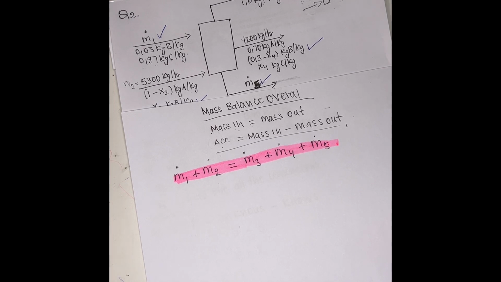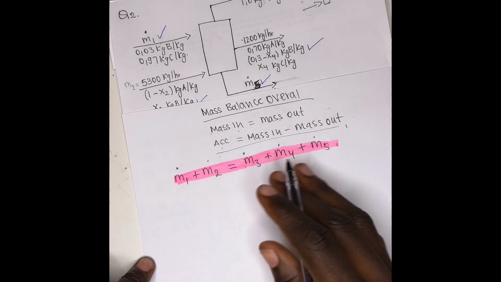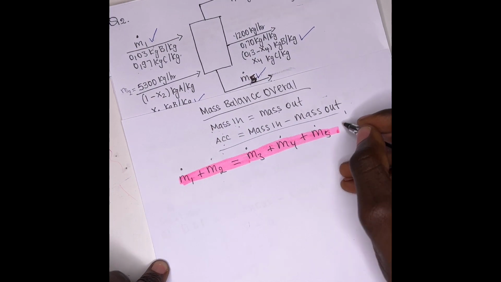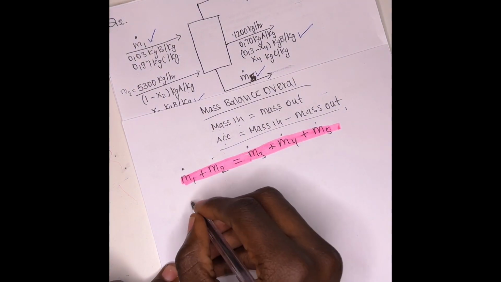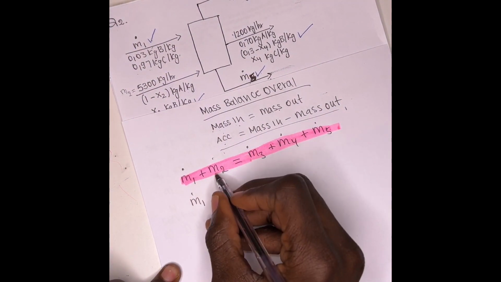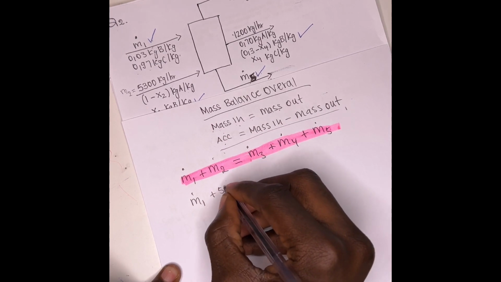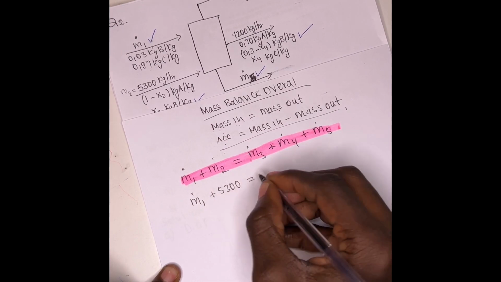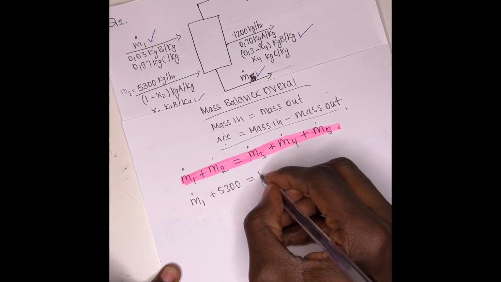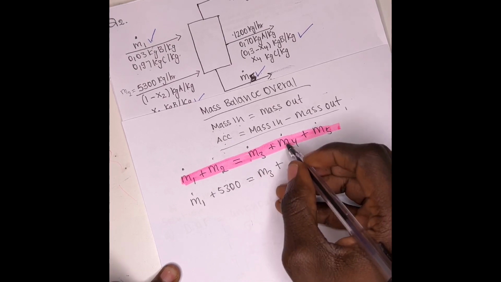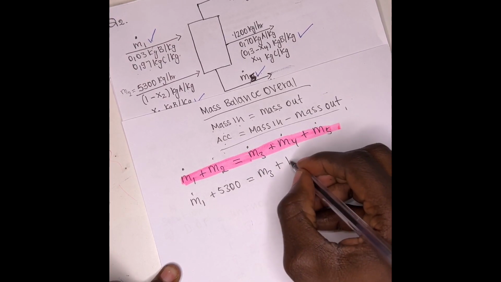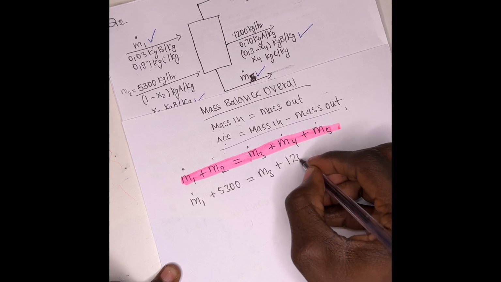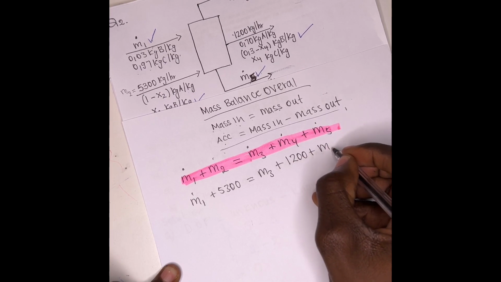Now let's see how we are going to do this. We can substitute the values, right? M1, we don't know M1, we repeat M1. M2 we know is 5,300, equal M3, we don't know M3, we repeat M3, plus M4 we know is 1,200, plus M5 we don't know.